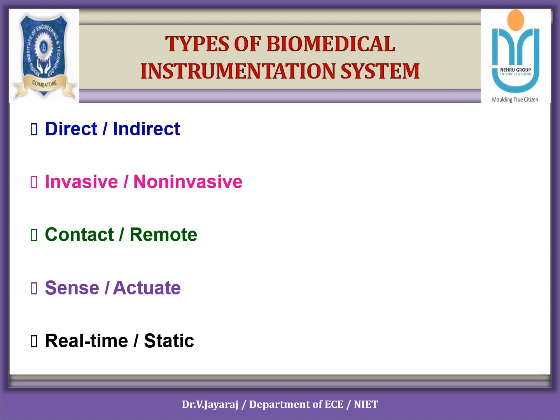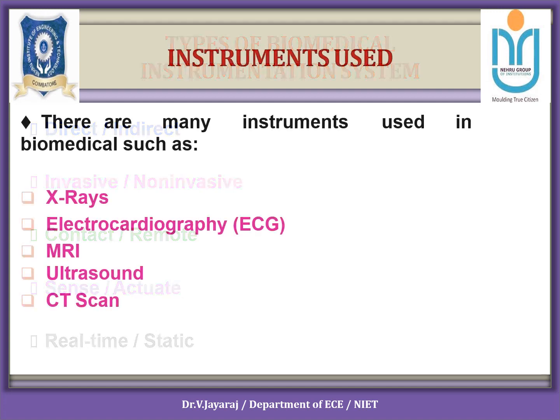So these are the classifications of the instruments which are used in the medical field. Different types of instruments are used in the biomedical area: X-rays, ECG, EEG, MRI scans, ultrasound scans, CT scans. These are bigger instruments used in hospitals.